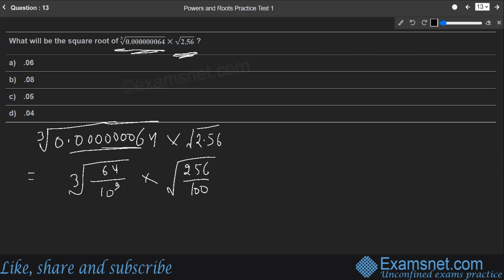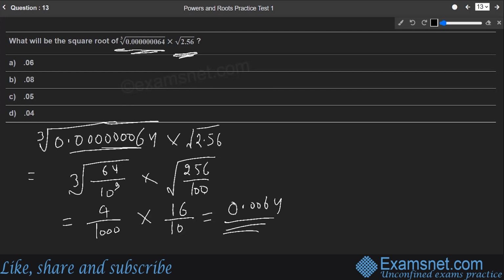If we solve this further, the cube root of 64 is 4. The cube root of 10 to the power 9 is 1000, that is 10 to the power 3, into the square root of 256, which is 16. The square root of 100 is 10. So if you solve this together, it comes out to be 0.0064. We could have written this as 64 divided by 10,000, which is 0.0064.